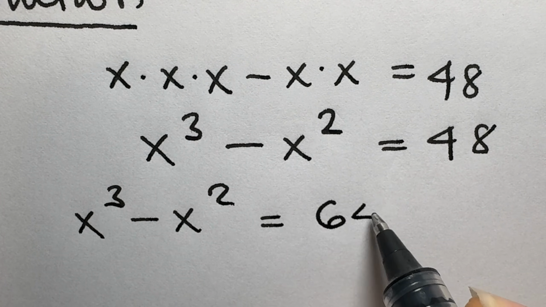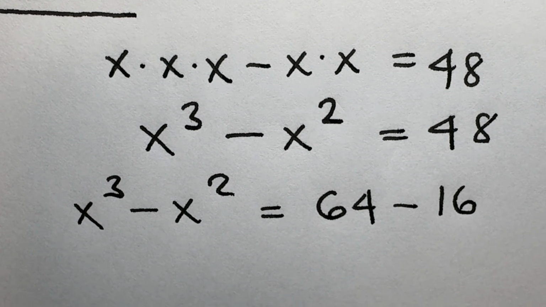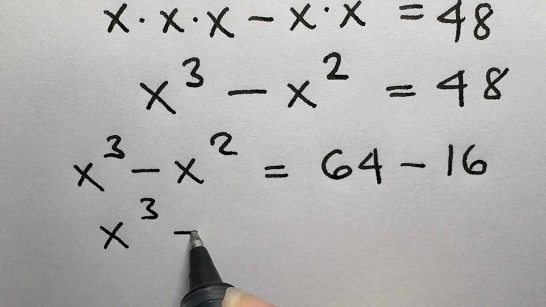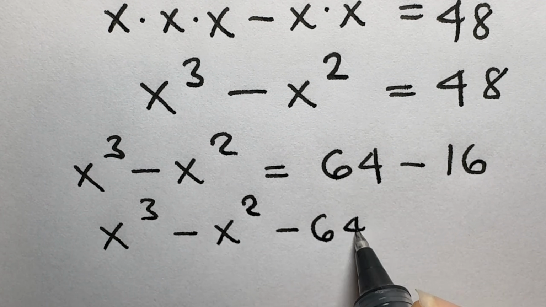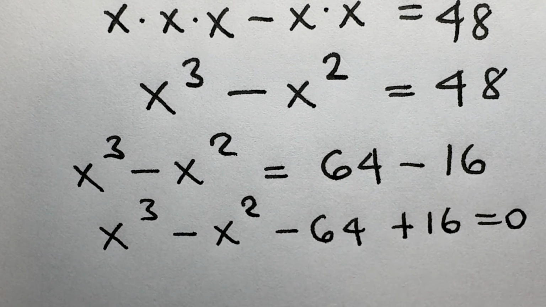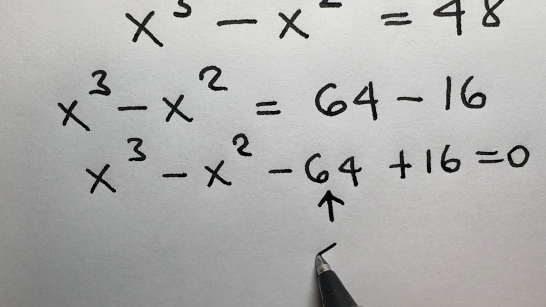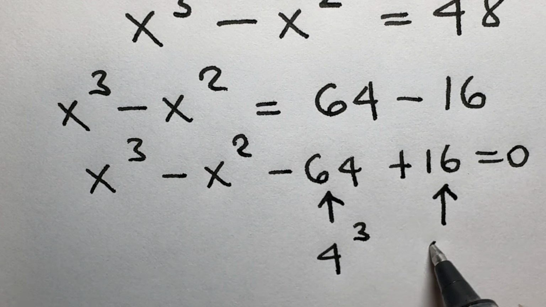64 minus 16. So this is x raised to power 3 minus x raised to power 2 minus 64 plus 16 is equal to 0. 64 here is 4 raised to power 3 and 16 here is 4 raised to power 2.